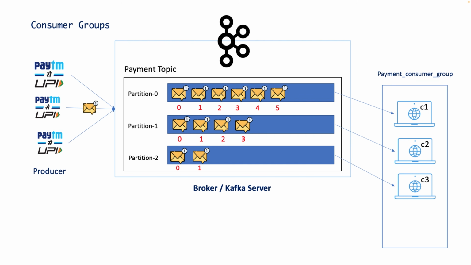So consumer 1 can read from partition 0, consumer 2 can read all the messages from partition 1, and consumer 3 can read from partition 2. In this approach, all the 3 consumer instances read in parallel from the partitions, which will definitely give me better performance, right?